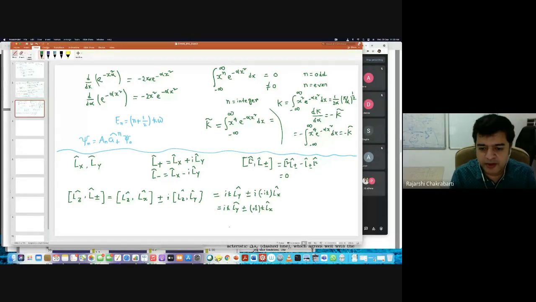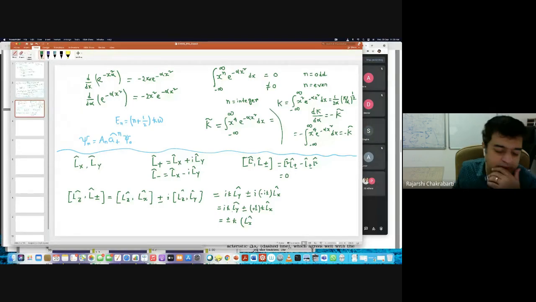And now remember, this one I'm going to write like this. So the next step, I am going to take plus minus ħ common. If I take plus minus ħ common, I'm going to get LX from here. What am I going to get from here?